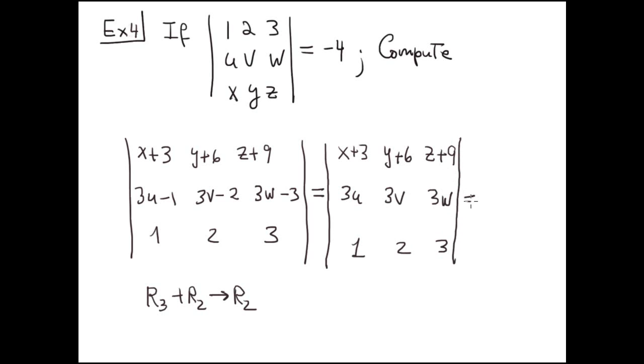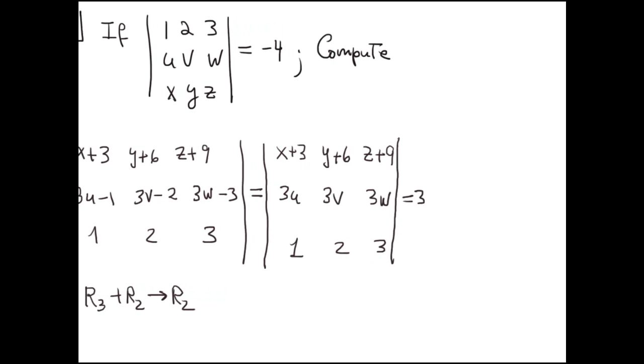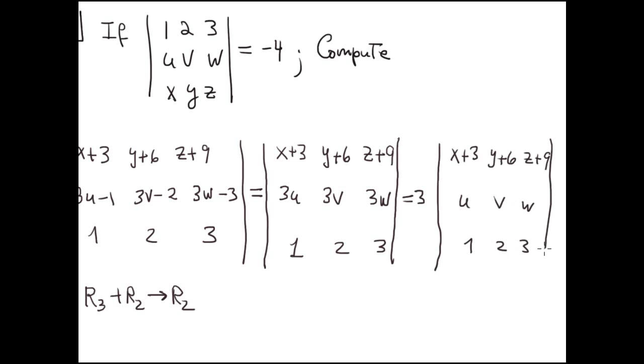Okay, we apply property number 5 here. Now you can see, wow, 3 is a common factor, factor it out. Property number 4. x plus 3, y plus 6, z plus 9, U, V, W, 1, 2, 3. Okay, finally, you apply another row operation because I want to remove this multiplication by 3, so minus 3, the opposite sign: minus 3 times row 3 plus row 1, stored in row 1.